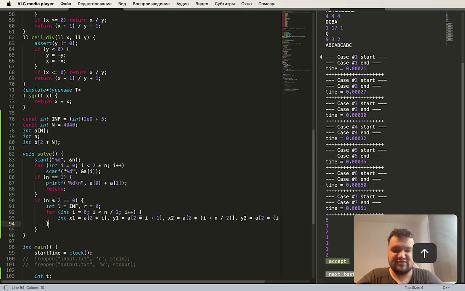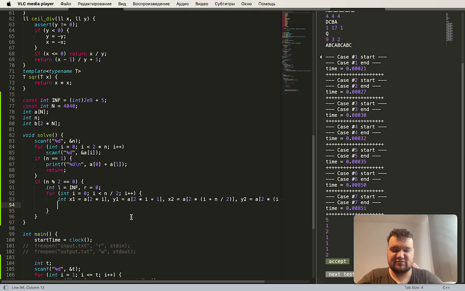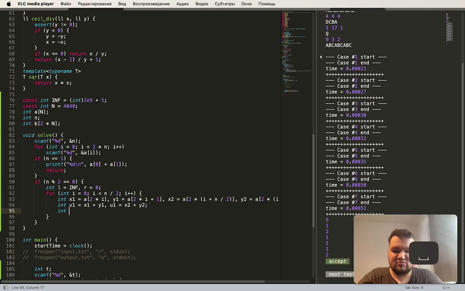So those are the values of 4 guys in the pair of opposite tables, and I can get either x1 y1 and x2 y2, or x1 y2 and x2 y1.